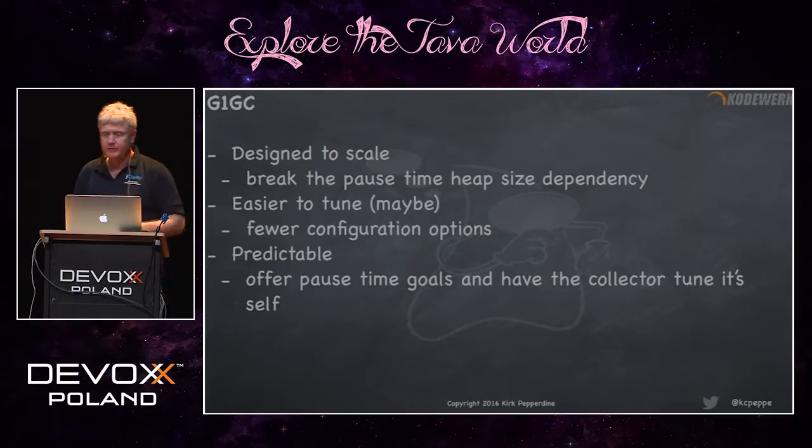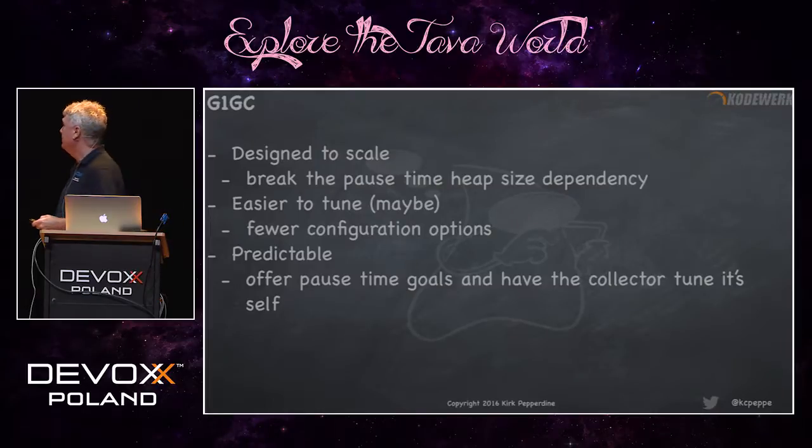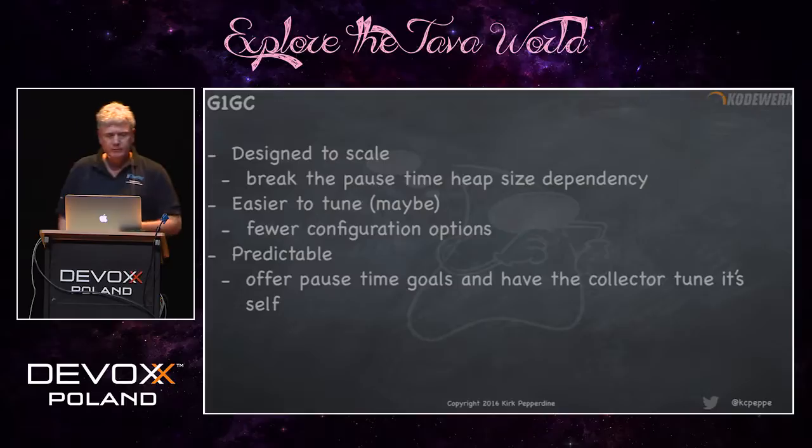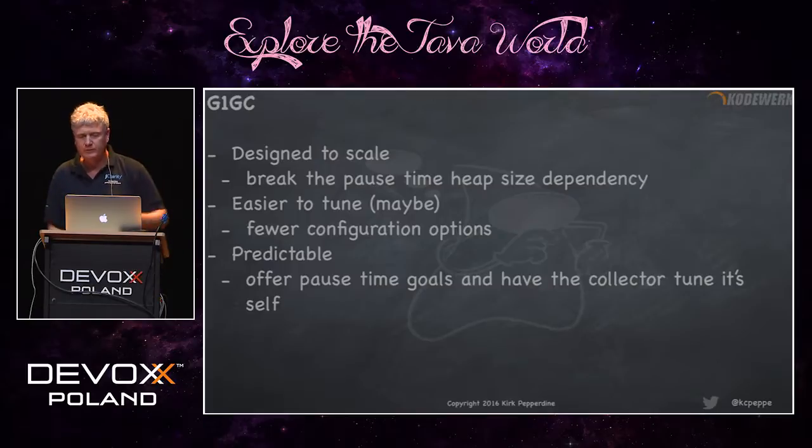There are certainly fewer configuration options, but I would say they're only slightly more understandable than a TLAB waste percentage. And predictability: they're going to offer you some way of saying, I would really like my pause times to be less than X. If you can possibly do that, that would be really wonderful.